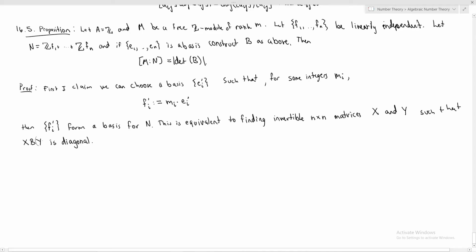So Y takes the basis E1 prime to En prime. It's going to be Y times Y inverse, sorry. Yeah, this is kind of confusing to me if you can't tell.